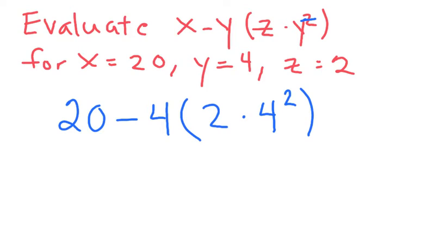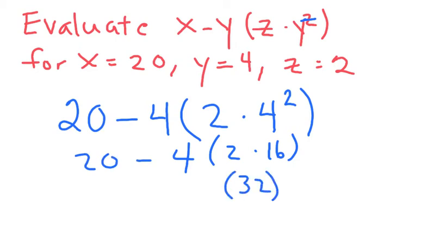Now we have to do the math. So first of all, we're going to do this exponent, and that 4 squared is 16. So now we have 16 times 2, we still have a 4 and a 20 out here. Now we do the parentheses, that's 32. There's the 4, there's the 20. 4 times 32 is 128.